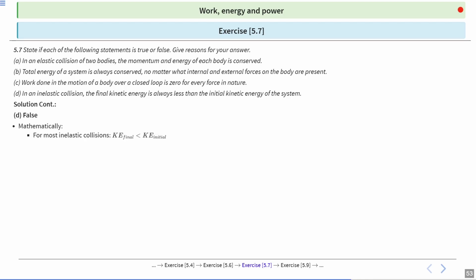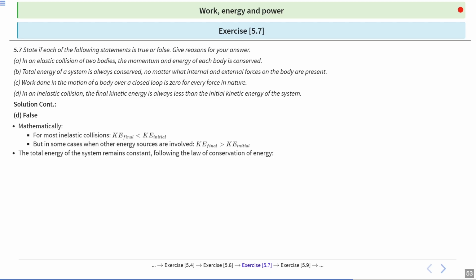So mathematically, let's see. For most inelastic collisions, initial kinetic energy is greater than final kinetic energy. But in some cases, when other energy sources are involved, final kinetic energy is greater than initial kinetic energy. So total energy of the system remains conserved.